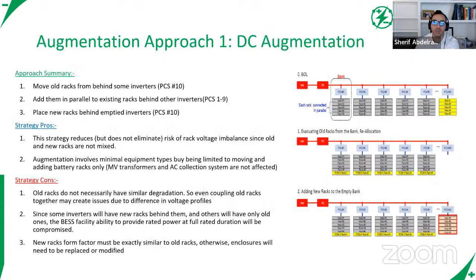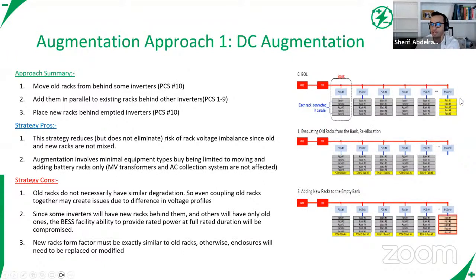All right, so the first approach we're going to talk about is DC augmentation. I'll call this 1A because there are a couple of types of DC augmentation. Here, these are all the PCSs throughout the project. We're assuming we have 10 inverters.